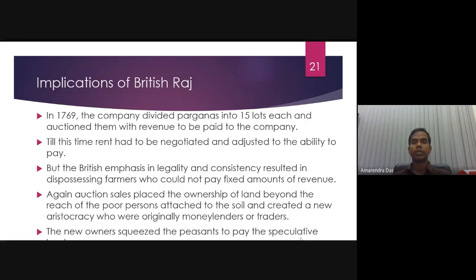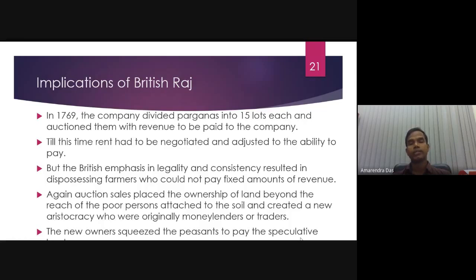The powerful people started holding the lands, and so the new owners squeezed the peasants to pay the speculative land revenue. So the British basically tried to introduce formality, a legalized way of owning the land. They tried to give the property right over the land.